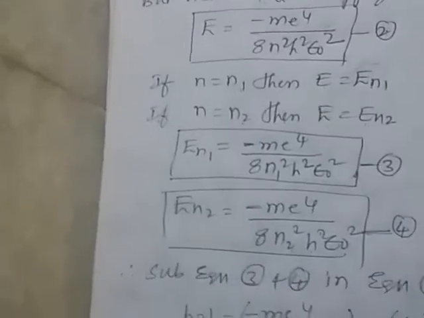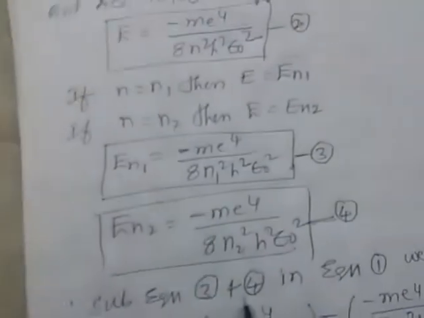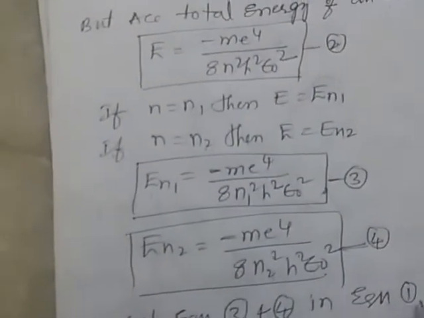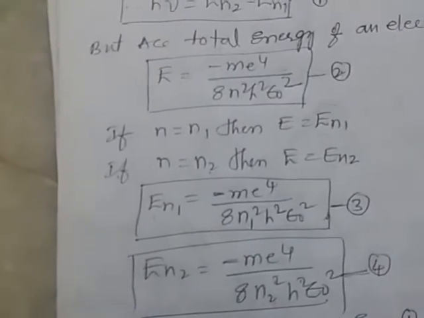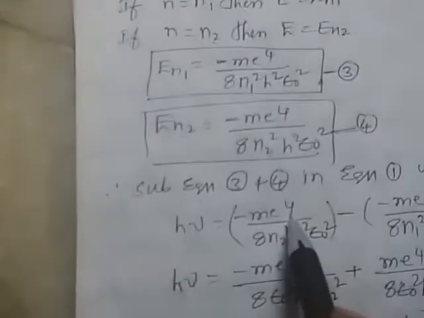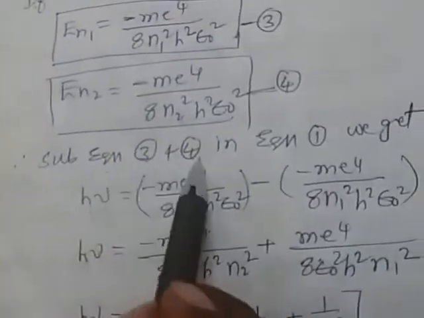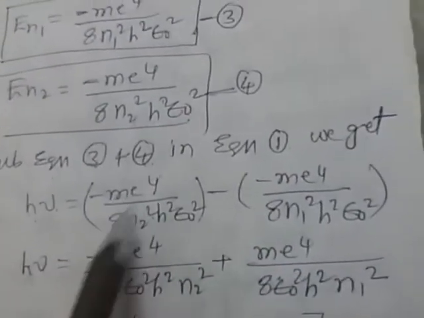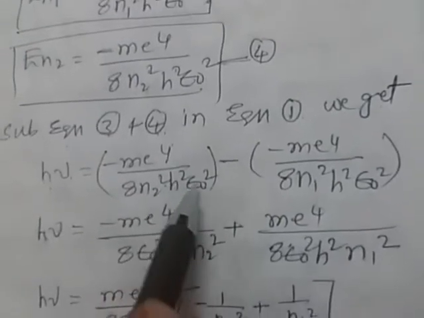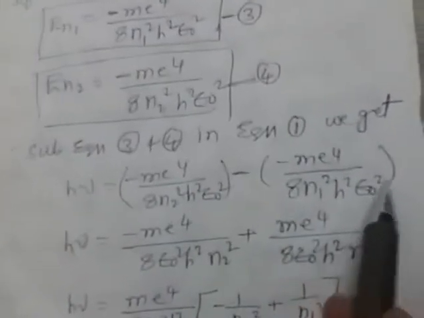Substituting equations 3 and 4 in equation 1, we get h nu equal to minus m e to the power of 4 by 8 n2 square h square epsilon naught square, minus of minus m e to the power of 4 by 8 n1 square h square epsilon naught square.